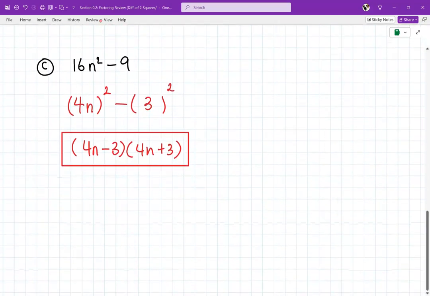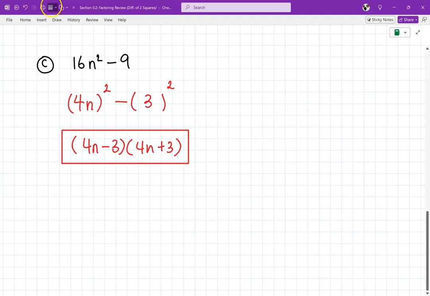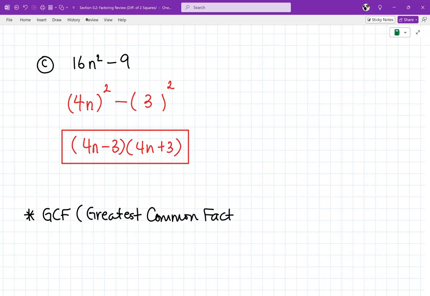So they're going to look a little bit like this. Let me just put this right here. So GCF, which we call the greatest common factor. Okay?